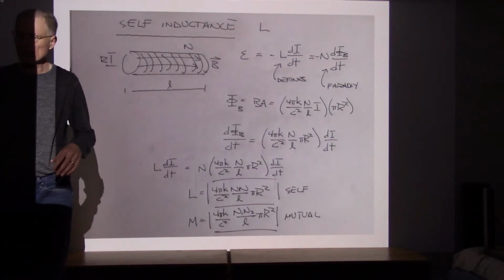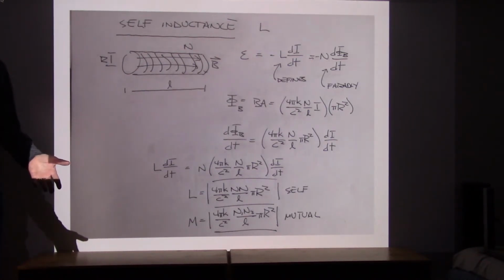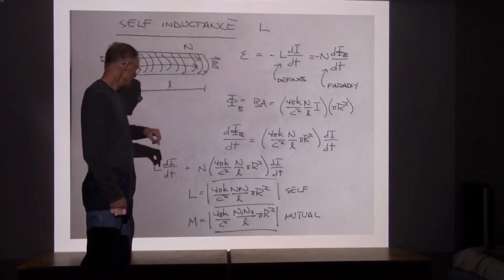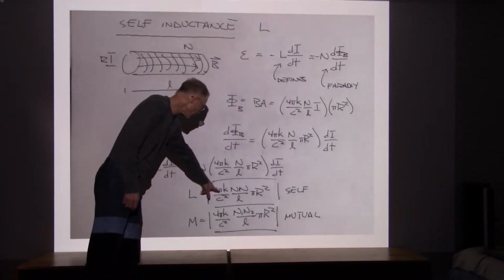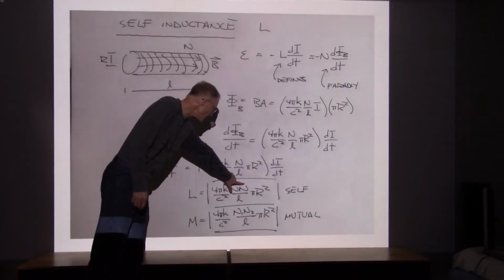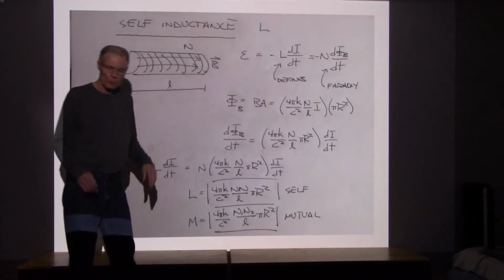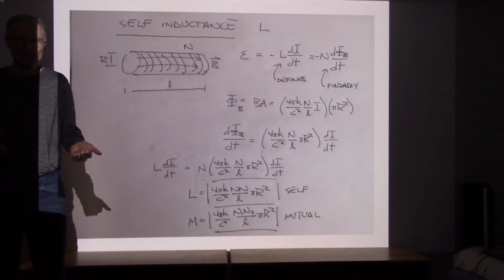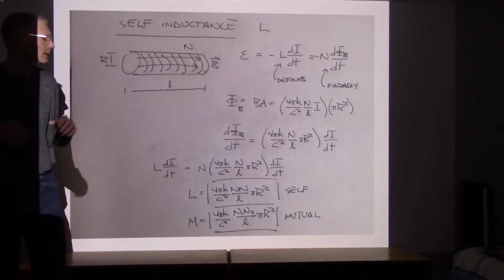So what we're saying is anytime the current's changing, there's going to be some self-inductance taking place, and the specific amount of L, the inductance, is going to be given by 4 pi k over c squared, n times n over L. There was a factor of n that we used in determining the strength of the magnetic field, and then the question was, how many of those loops are going to feel that effect?